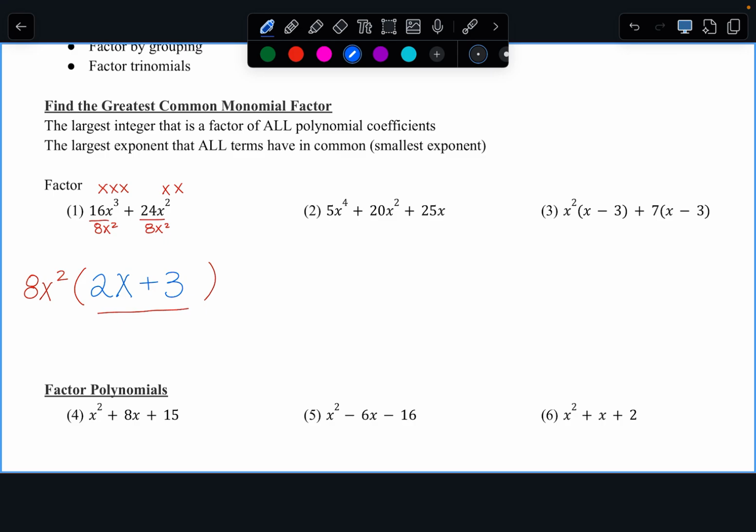Number 2, what do all 3 of those have in common? 5, and what else? Letters. X. 5 and an X. So if we divide every single one of those pieces by 5x, what do we get first?